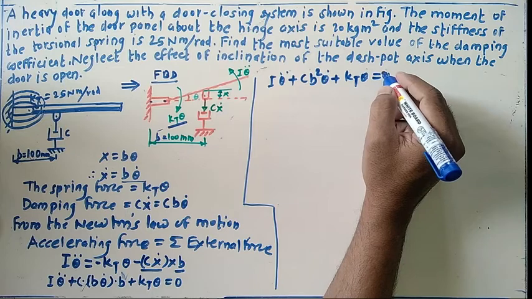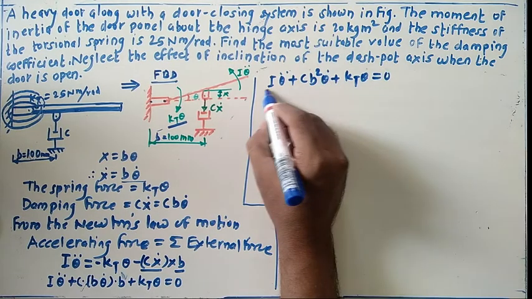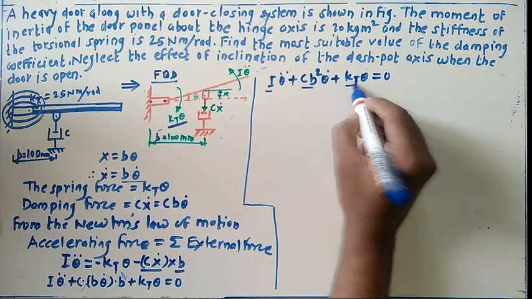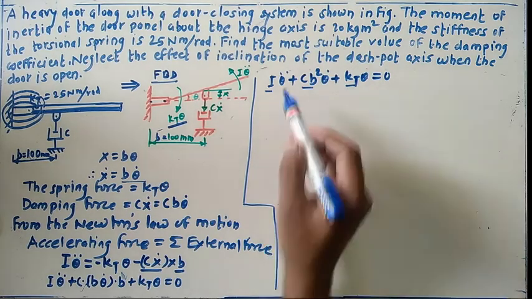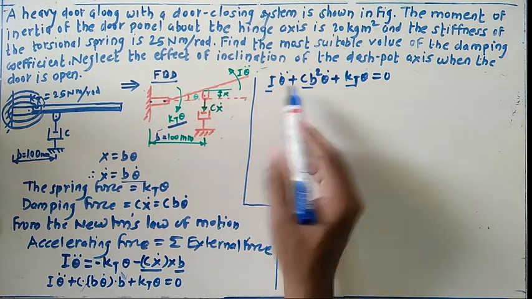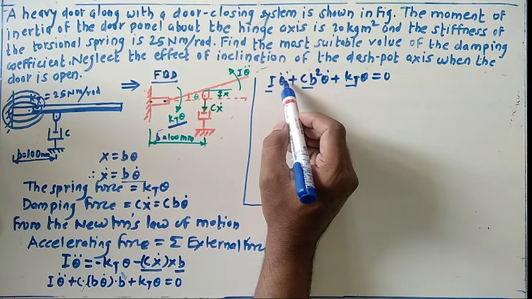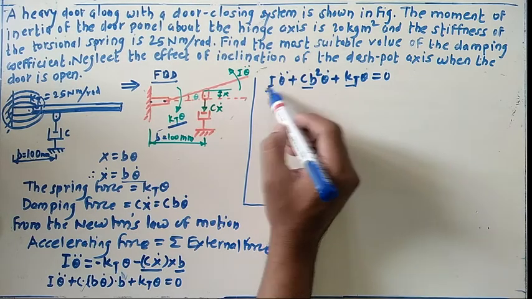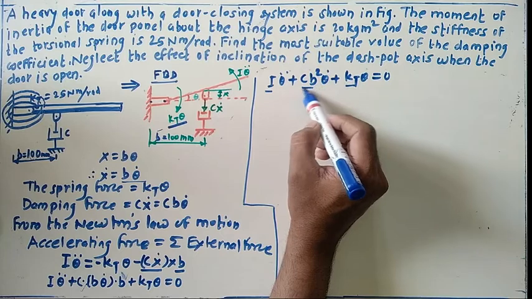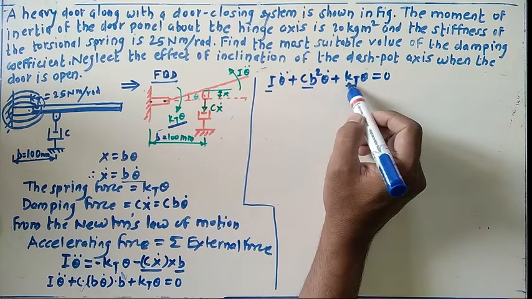Now if you look towards this equation carefully, so what's about these terms? So first one, the coefficient of this theta double dot is nothing but the mass term. So what's about this one? This is nothing but the damping term. So what's about this one? Stiffness term.